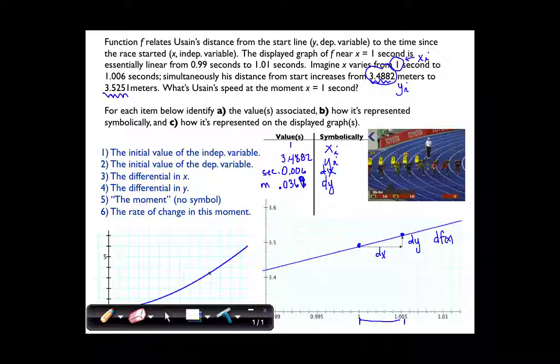So if I want to talk about the rate of change in this moment, we could talk about m or dy dx, dy over dx, change in y divided by change in x, change in the dependent per change in the independent. It's that ratio of changes, and you can see that this is not going to be a small number. We've got two small numbers, but we have to divide them.